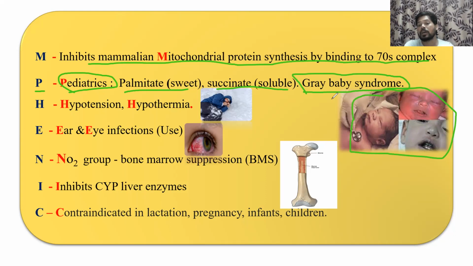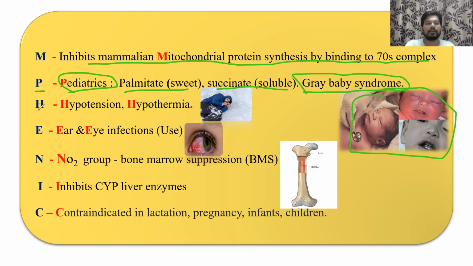Because of that, the chloramphenicol concentration in the body increases, it changes the skin color and can cause gray baby syndrome. So that is the reason chloramphenicol can cause gray baby syndrome: immature metabolism, especially phase 2 glucuronidation, and not proper levels of CYP enzymes, that is liver metabolic enzymes.